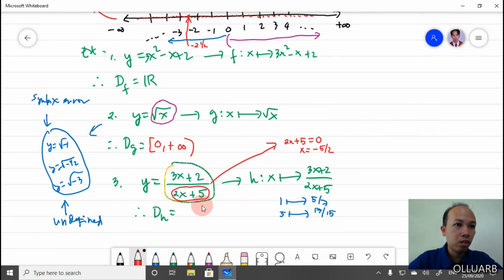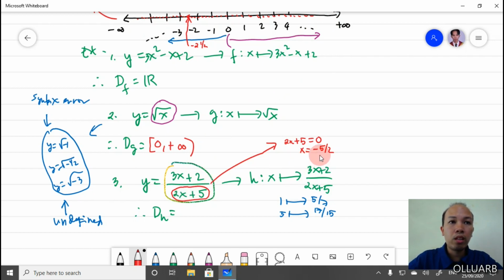So in case you encounter this kind of equation, all you have to do is to equate the denominator to 0, and then after that you have to exclude it. So remember, all these numbers from negative infinity up to positive infinity are candidates of this equation.